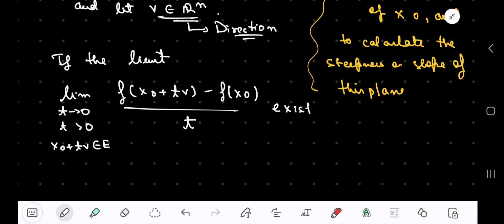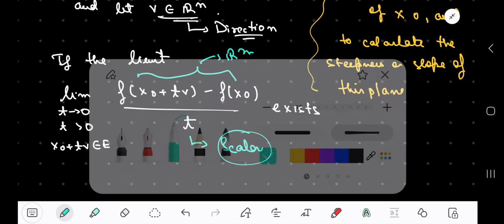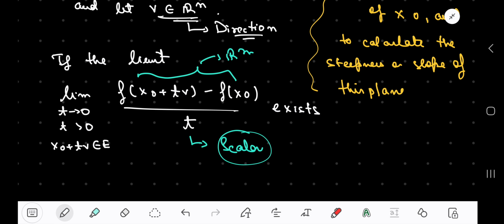Now something to keep in mind here is that the numerator is in Rm and this is just a scalar. So this division is well defined, right? We do not need to include the notion of norm in order to make this division well defined.